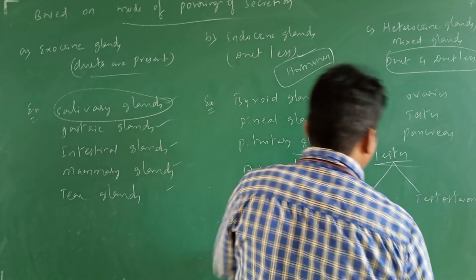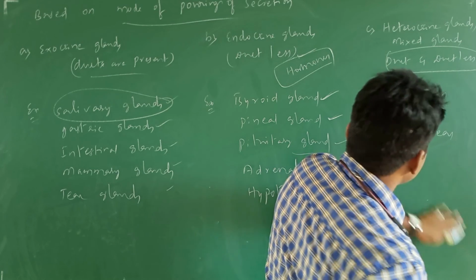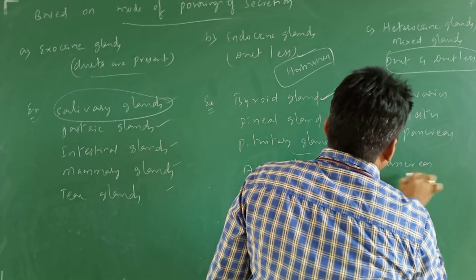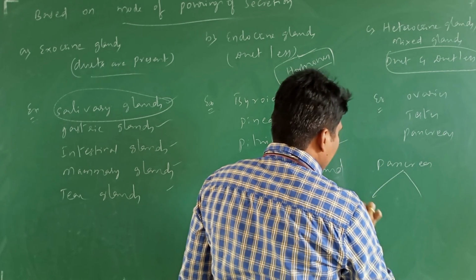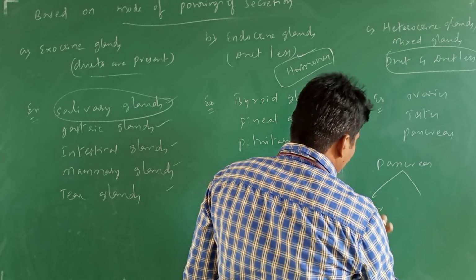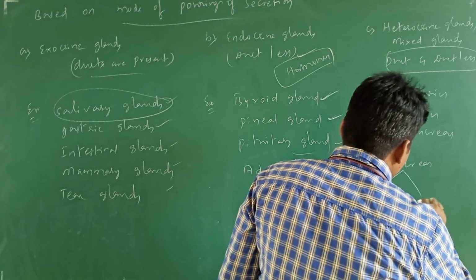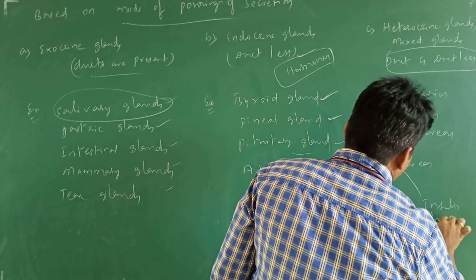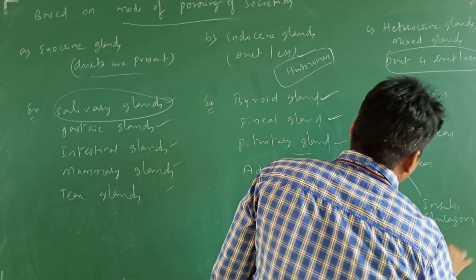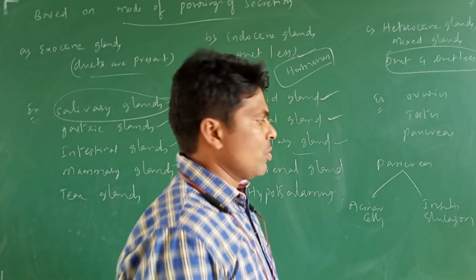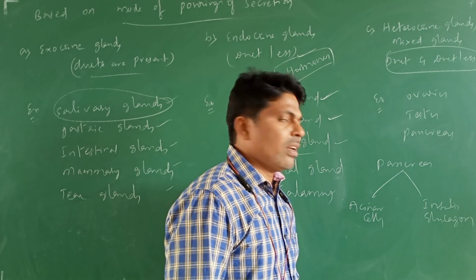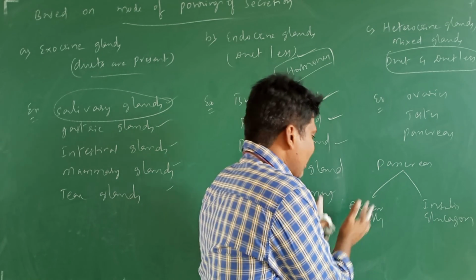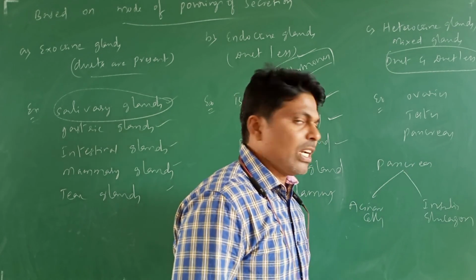And here also the pancreas. Take the pancreas. Part of it is an exocrine gland, which produces digestive secretions through the acinar cells. The pancreas also produces hormones: insulin, glucagon, somatostatin. So part acts as exocrine and part acts as endocrine.